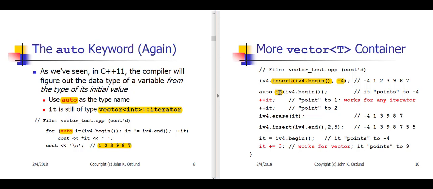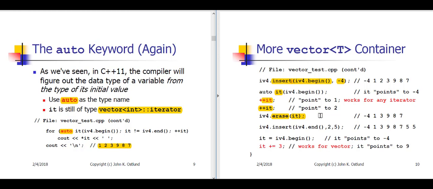Here I'm using auto to declare IT as an iterator that is a member of the vector of int class. Specifically, this is an iterator, quote, pointing to, unquote, the initial element of IV4, which at this point is -4. If I increment my iterator 2 times, plus plus IT twice, and I use the erase member function, the erase member function can be called with an iterator indicating which element you want to erase.